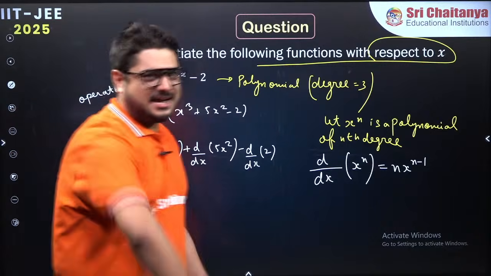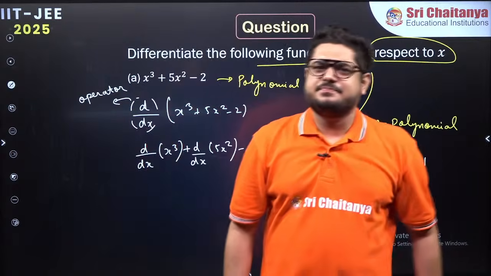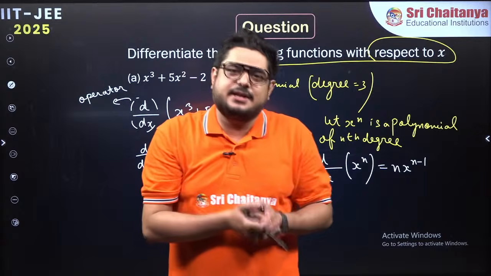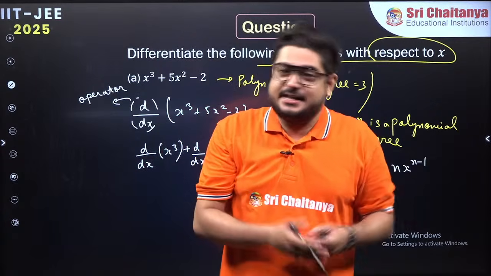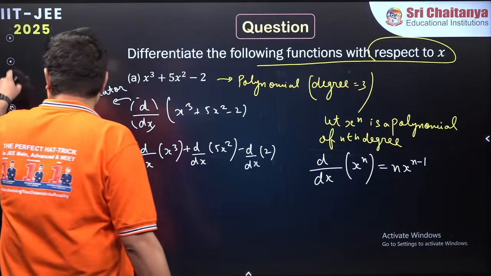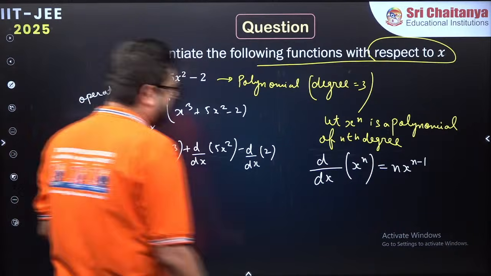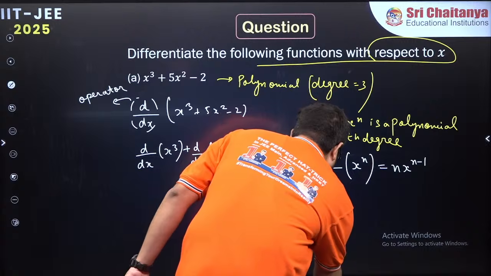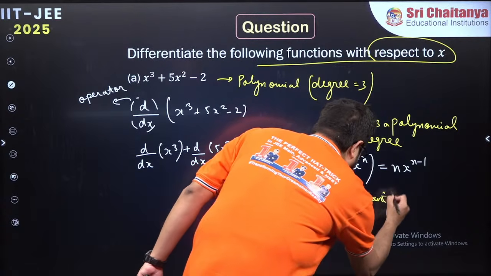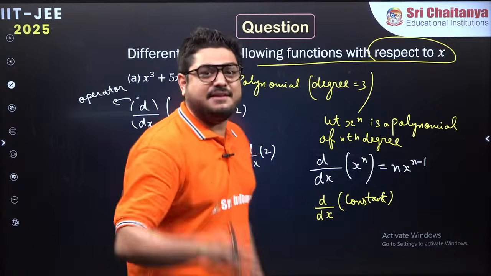Now another thing I would like to say, see, I could have given you the entire rules associated with differentiation, but I'm not giving you in a sequence because it can prove to be boring, isn't it? So always remember one thing: d by dx of any constant, meaning anything, a, b, c, even y.